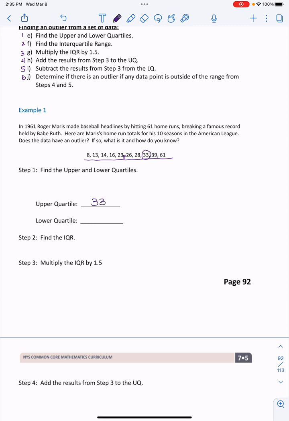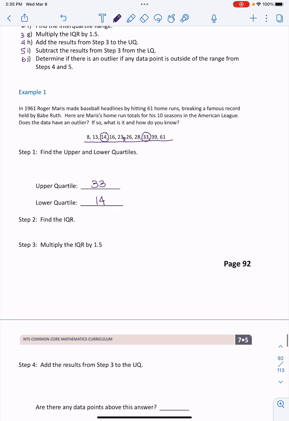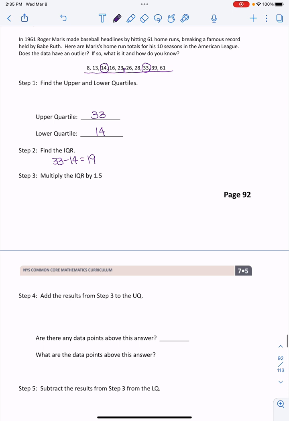My lower quartile is 14. So that's step 1. Step 2 says to find the interquartile range. When I subtract these, we have 33 minus 14, which is 19. Step 3, we need to multiply 19 by 1.5.